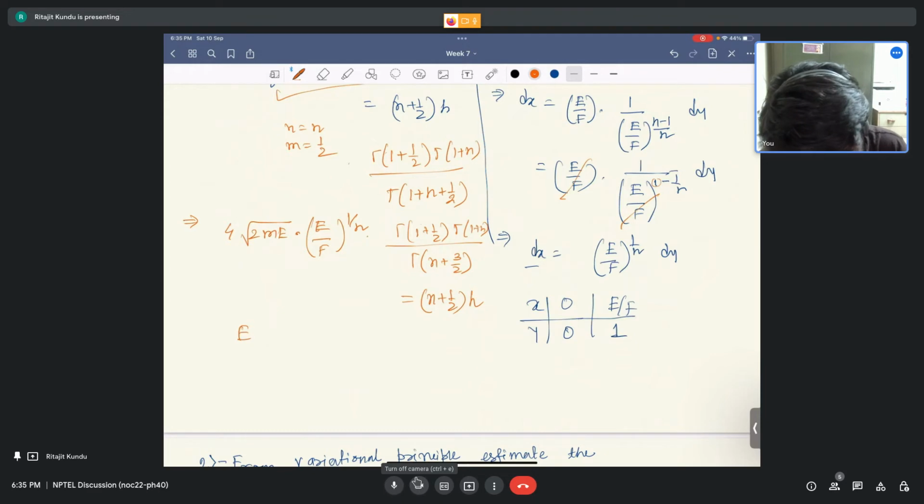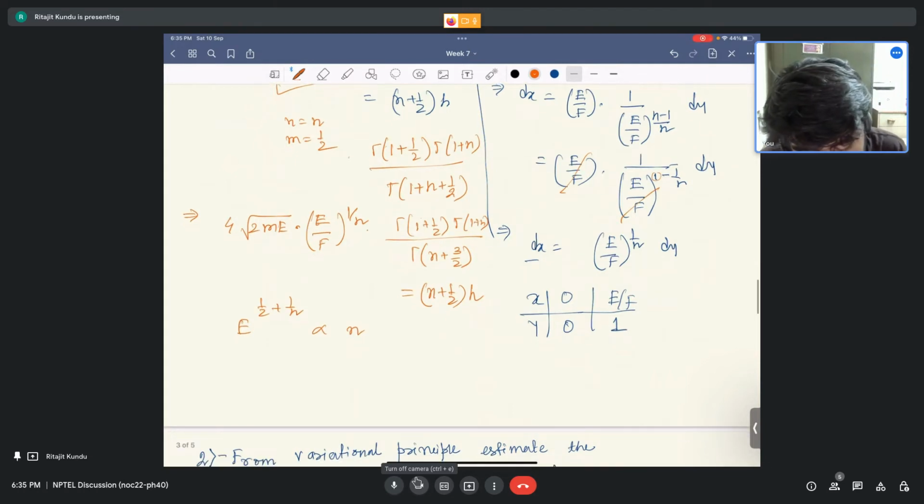So E to the power half plus 1 by n is proportional to, let's say, n, linearly.